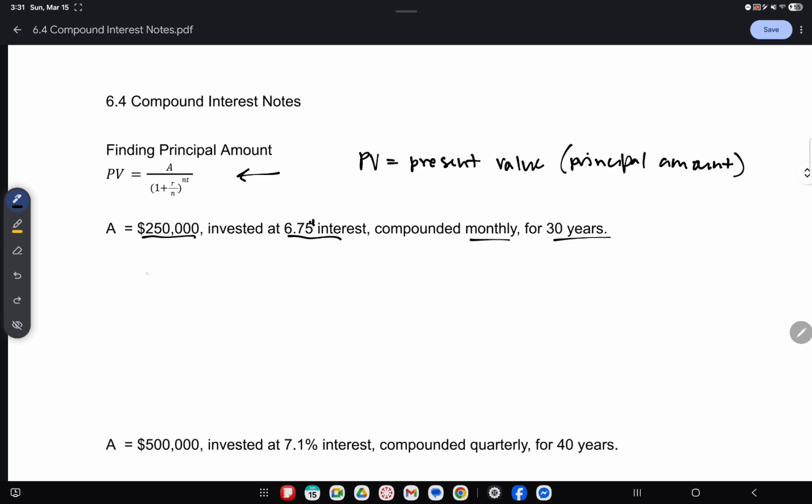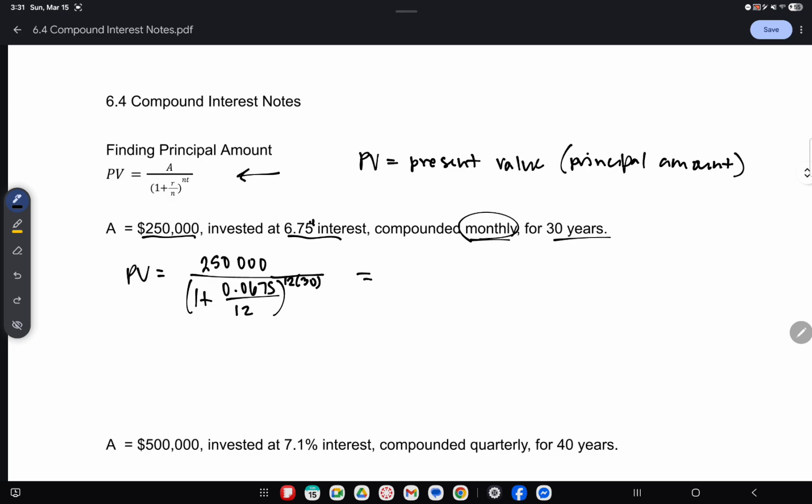So, all right, let's plug our numbers in. So our present value, or what we would need to invest now to get out the 250,000 later, is the 250,000 divided by 1 plus the rate over compounded. Let's see, it's monthly, so 12. The n t, 12 times 30.